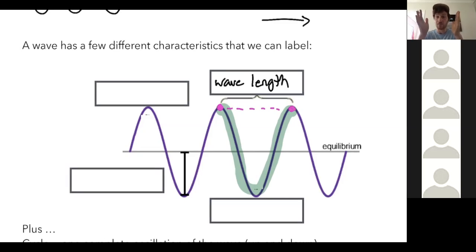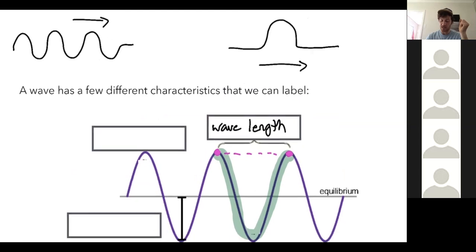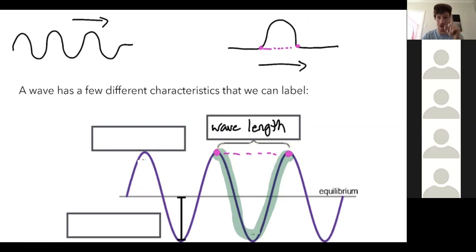A wave is made up of a whole bunch of individual wavelengths. A wave pulse is just one little wavelength. This is the wavelength of a wave pulse. It is just one single wave going by.